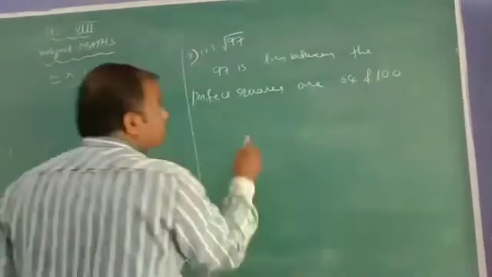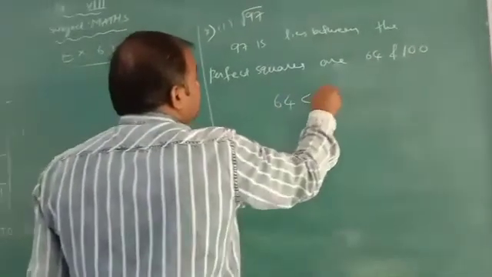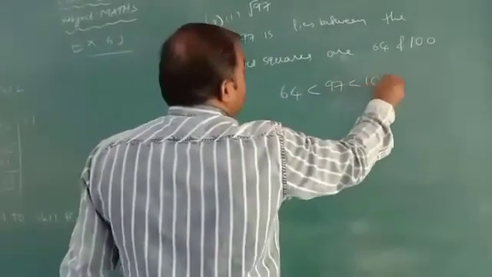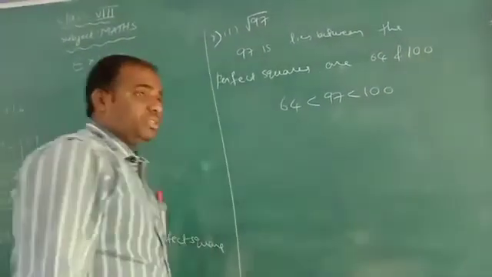Means 97 lies between 64 and 100, these two perfect squares.